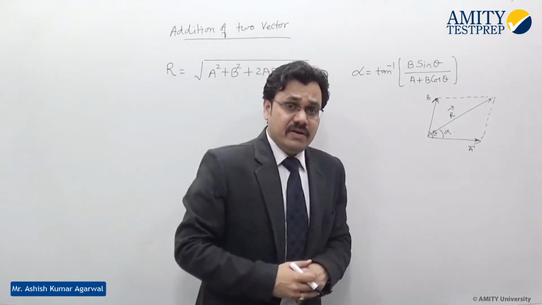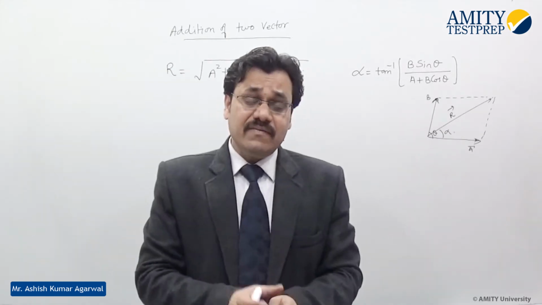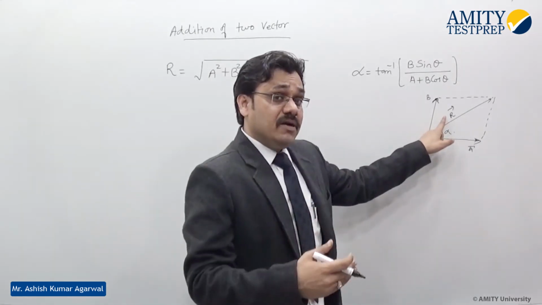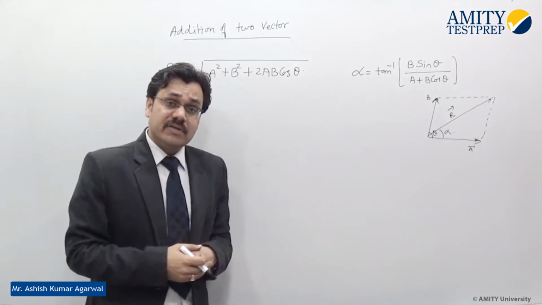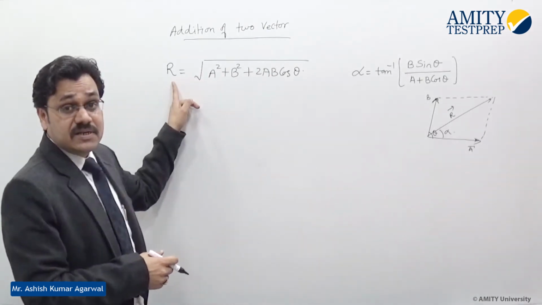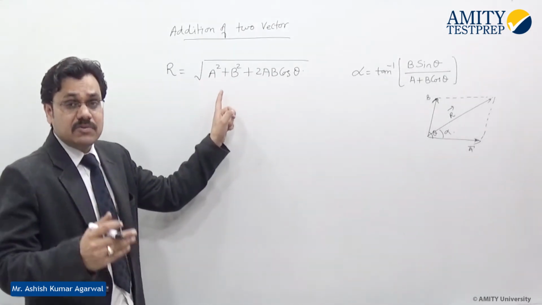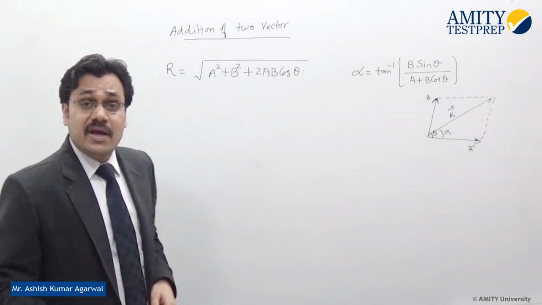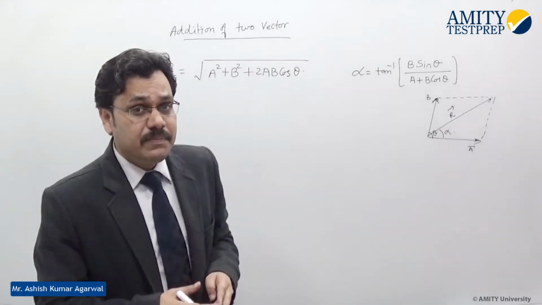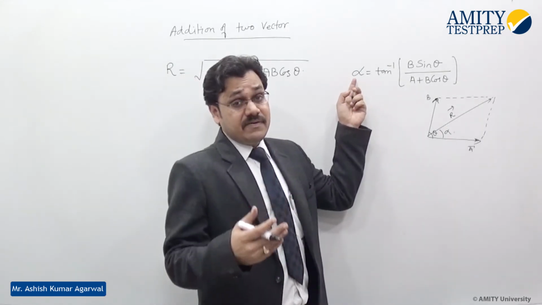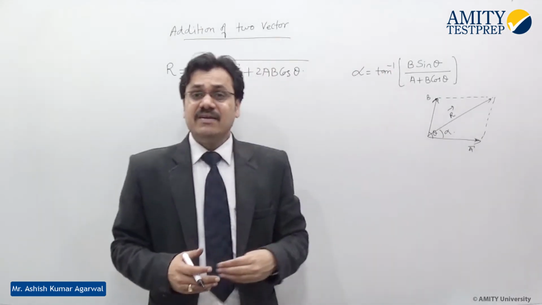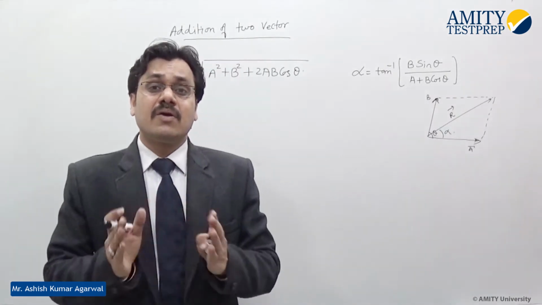The resultant is given by the diagonal of the parallelogram, which originates from the same co-initial point, and alpha is the angle of the resultant with vector A. So if you want to find the resultant, you can use the formula: the magnitude of the resultant is given by the square root of A squared plus B squared plus 2AB cos theta, where A and B are the moduli of vectors A and B. In the same pattern, the angle of the resultant vector with vector A is given by tan inverse of B sin theta divided by A plus B cos theta.